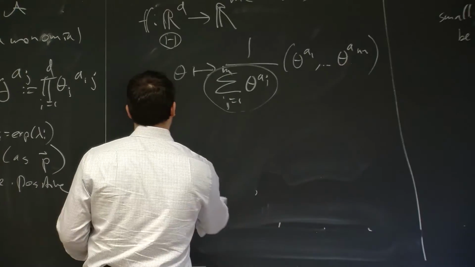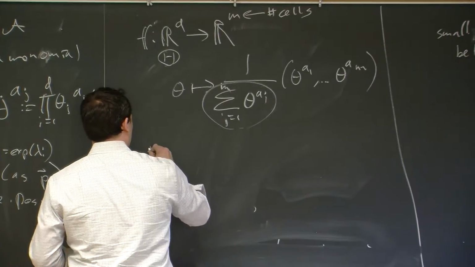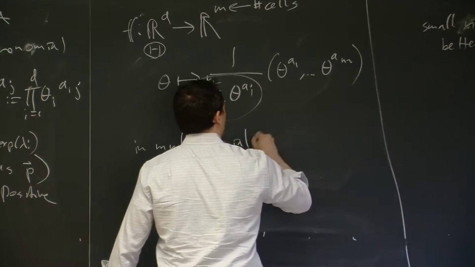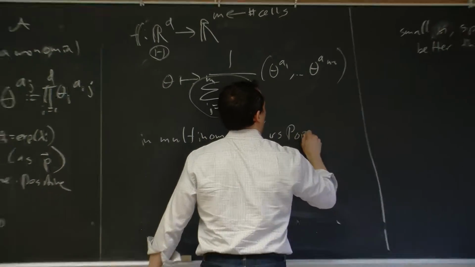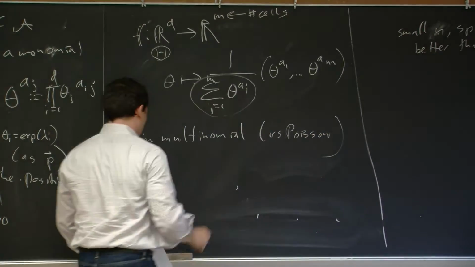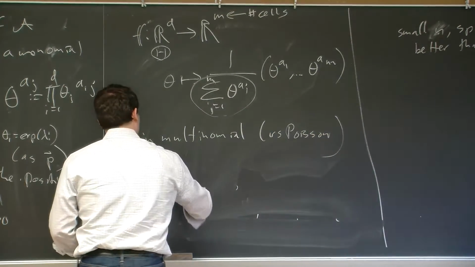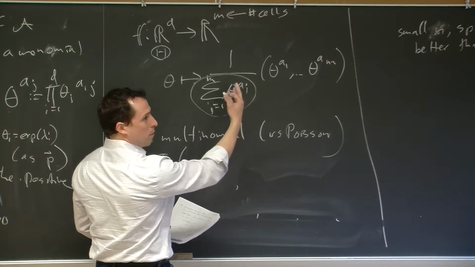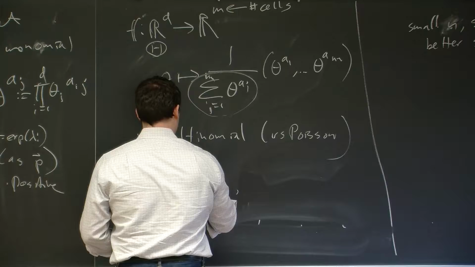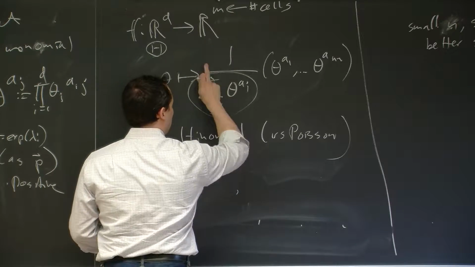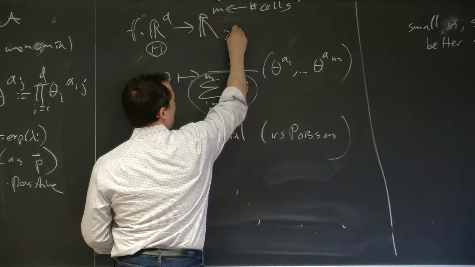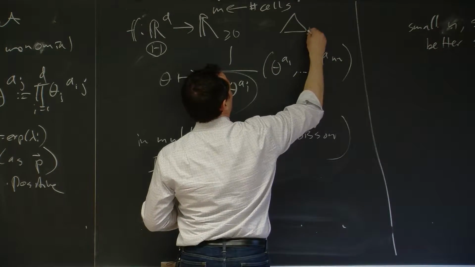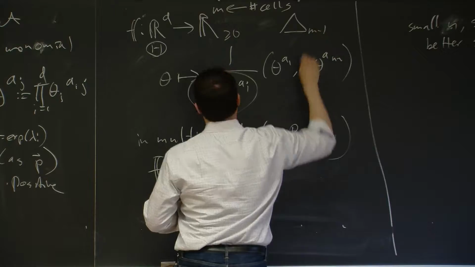Okay, so since we're interested in the multinomial case, as opposed to the Poisson, we have this normalizing constant, and it's true that this map, whatever it is, that sends parameters to probability distributions, ends up in this space R^m, or really it ends up in the m-1 simplex.